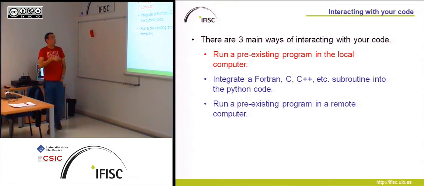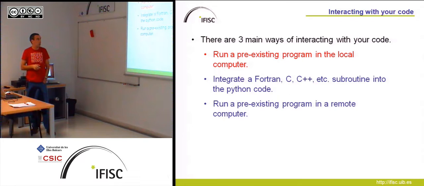Then another thing, which is fancier and in some scenarios better, and maybe more elegant, is to convert your code to a subroutine of C or Fortran or C++, and then integrate this subroutine into Python.